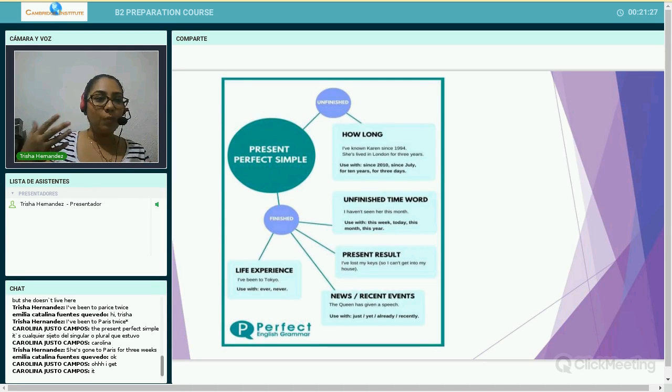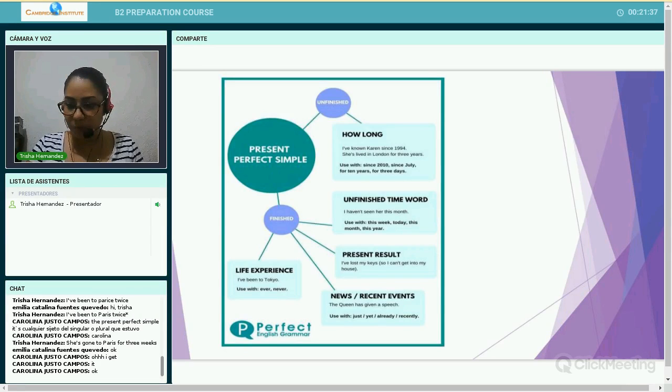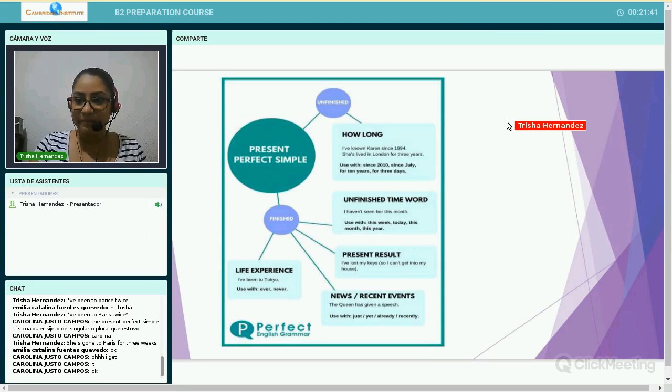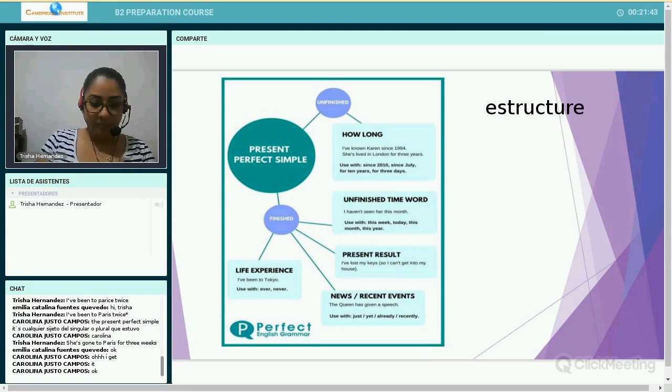There are words or verbs that we use currently in the present perfect simple. I trust that you know how to form the present perfect simple, right? You know the structure, right?